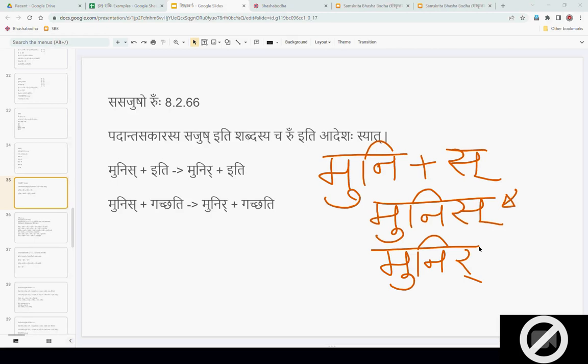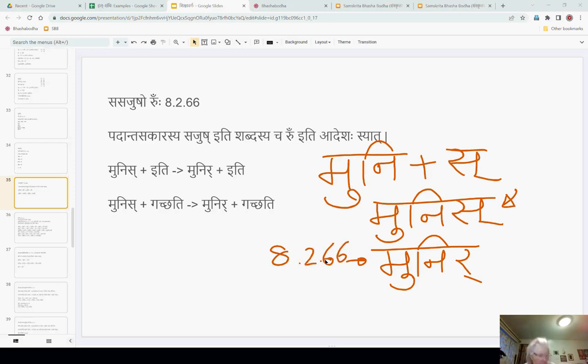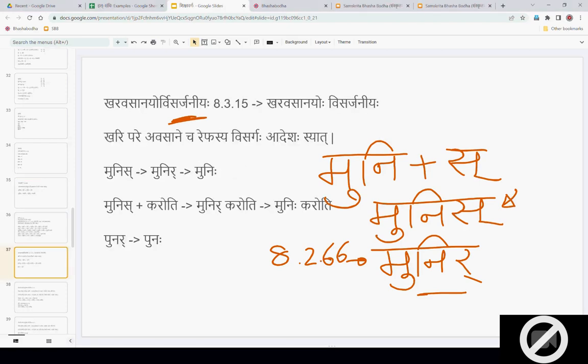This Munir is 8 to 66. Now we apply the next one, 8315. Because this is the end of a sentence and nothing is following after that, this will change to Visarga.